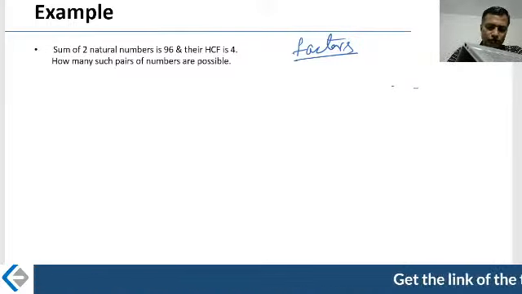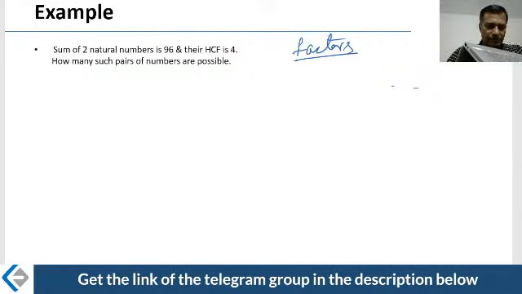The nature of this question is nothing but the function of HCF and LCM. Let's take a look at this question. I'll give a minute for you to think, friends.